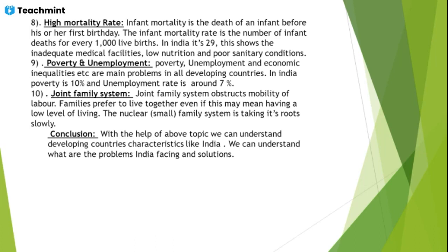They are dying because we don't have enough medical facilities and nutrition. High infant mortality we can see in developing countries. Infant mortality rate means the children who die before their first birthday out of 1,000. In India it's 29.